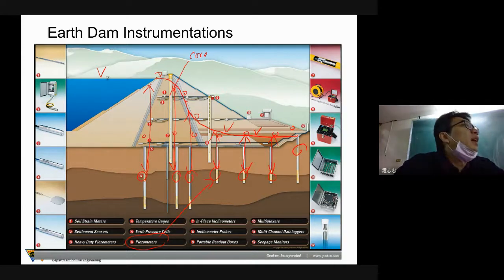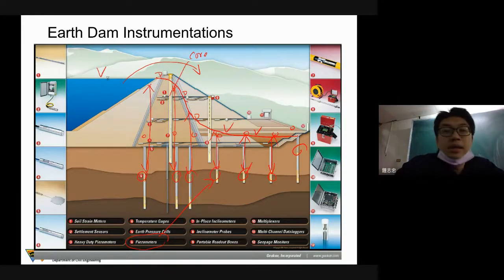Okay, I already showed you a very important potential failure mode of the earth dam. Can you give me another potential failure mode for this kind of earth dam? Overtopping, yes. Okay, this is the second one. We need to make sure that the water level is never higher than the top of the earth dam.